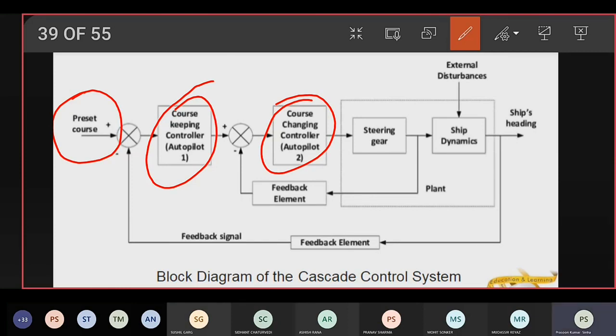All that PID system and all that we have seen will ultimately lead to the steering gear. Control is given, command is given to the steering gear, and the rudder operates.